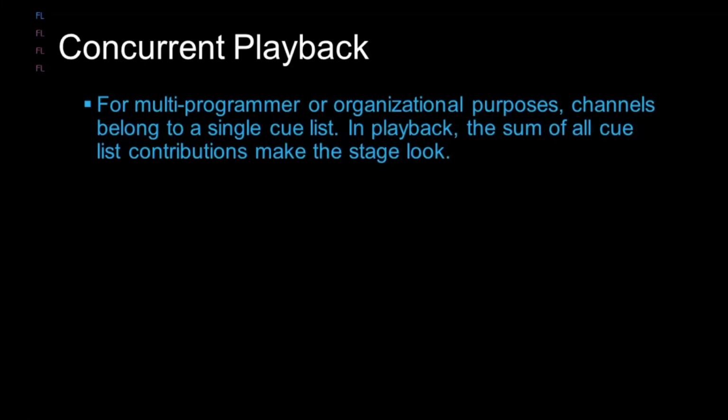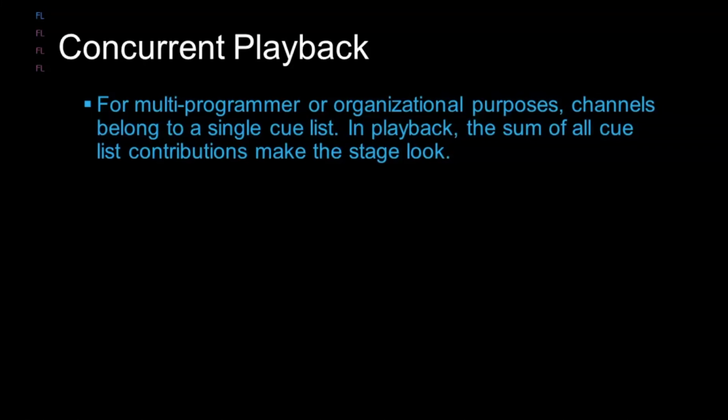In this playback idea, the sum of all of the queue list contributors, so if we've got 5 queue lists and they're all in Q8, that's the stage look, right? Because they each own a section of the channels individually. We look at them as a single component on stage. It is generally how these things go.